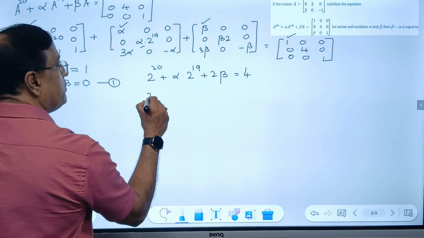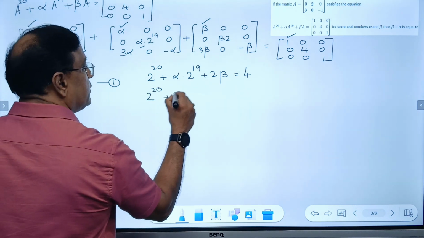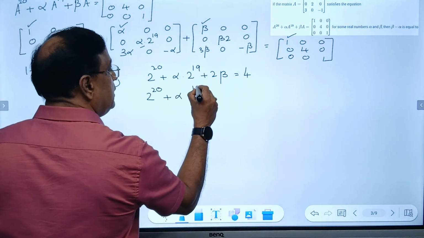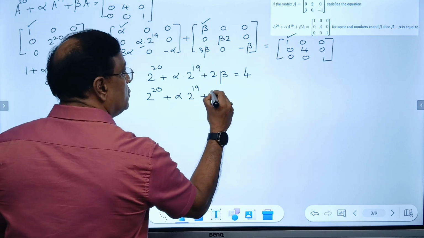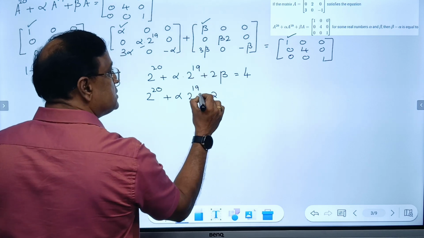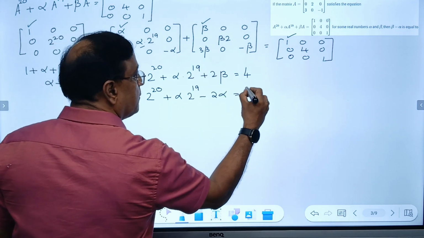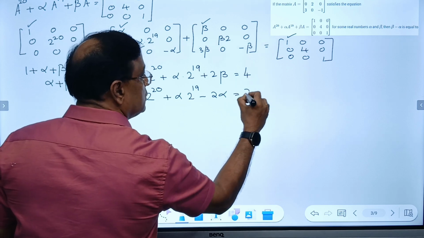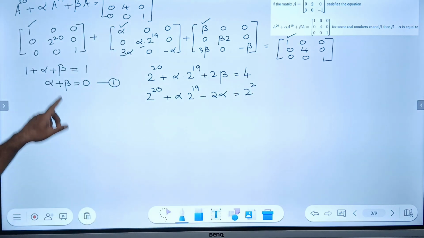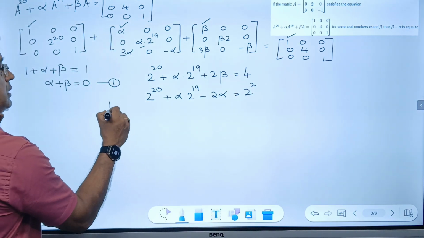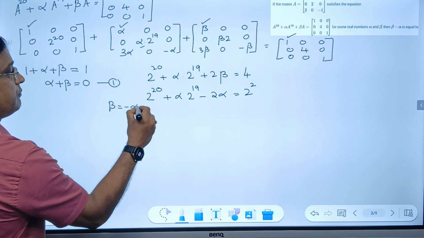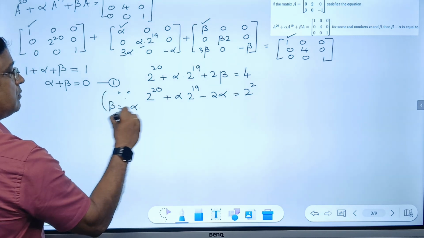So this is 2 power 20 plus alpha into 2 power 19 plus 2 into beta, which is minus alpha, correct? You can call this 2 square, because beta is minus alpha. This is the reason for this.